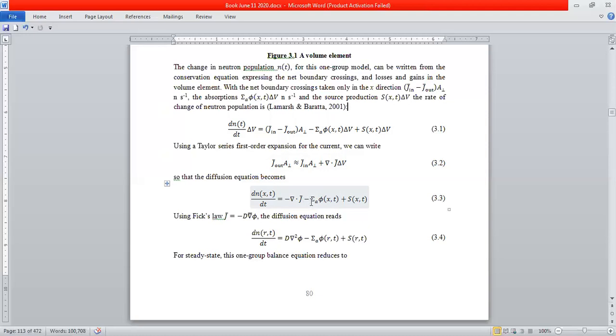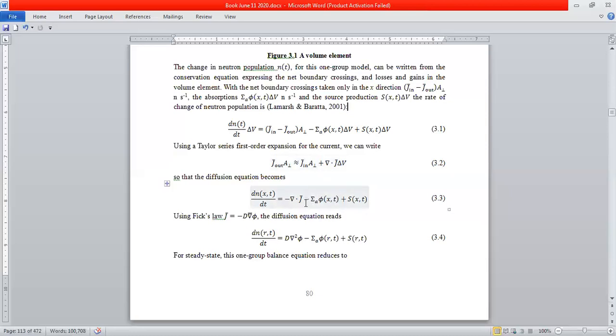And so the divergence of J minus sigma a phi. Okay, so what happened to the delta V? Because of the A perpendicular, it replaced the delta V because there's a divergence now. So this is the equation that you've got. The delta V's are cancelled out.